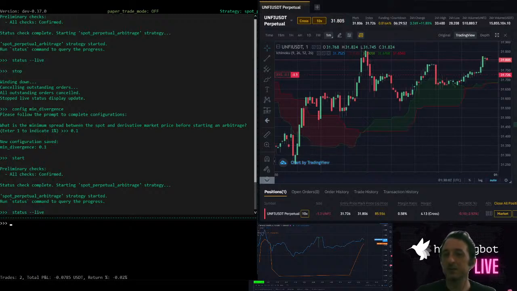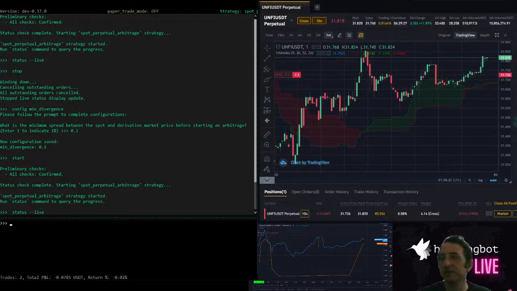Yeah, Algorand and BTC, any available coin that you have on a perpetual market, you can do. And as Chad mentioned, you don't have to use the same exchange. For example, you don't have to be on Binance Perpetual and Binance Spot.